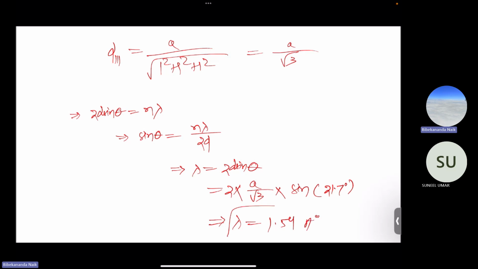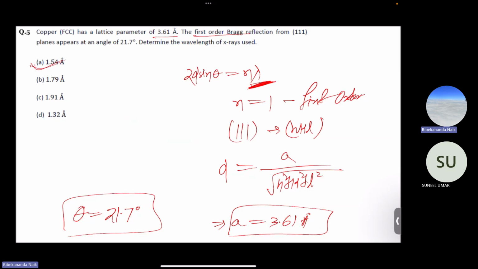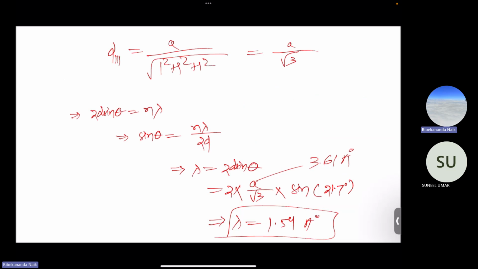If you put a as 3.61 angstrom, the value of lambda will be 1.54 angstrom. So option A is the correct option, that is, the wavelength of X-ray used is 1.54 angstrom.